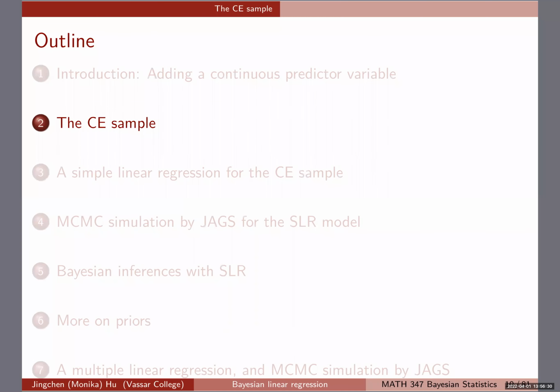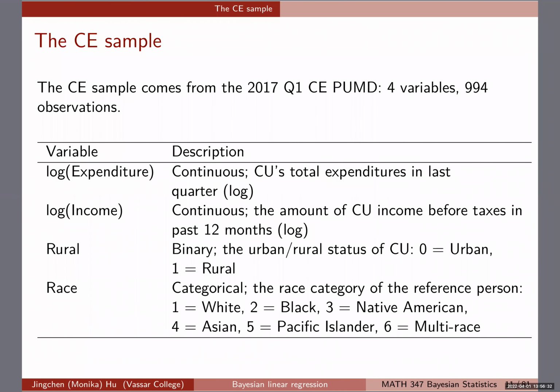And the CE sample, like I said, now we include other variables as well. For the simple linear regression, we're just going to focus on the first two variables. So log expenditure will be the outcome variable, and log income will be the single predictor for our illustration of a simple linear regression. But I include rural and race as well, because after we're done with simple linear regression, I want to give you an example of doing multiple linear regression, where you might have variables of different types.